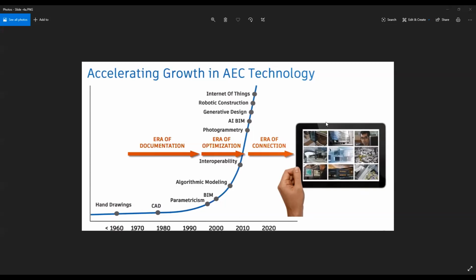Now, we're in the era of connection. Connection between computers and data, human beings, computers, all those things. You can see now, look at the way you're now having your lectures. Some of the things that are happening in our world today are disrupting a lot of things.